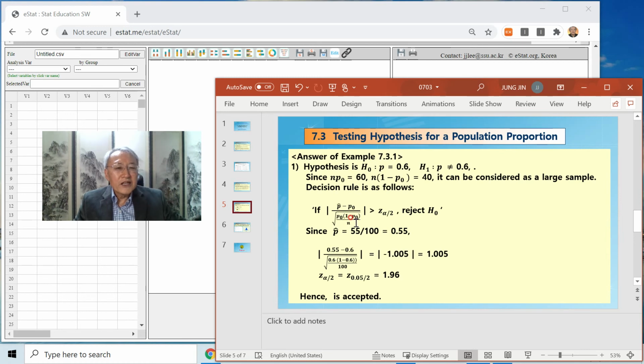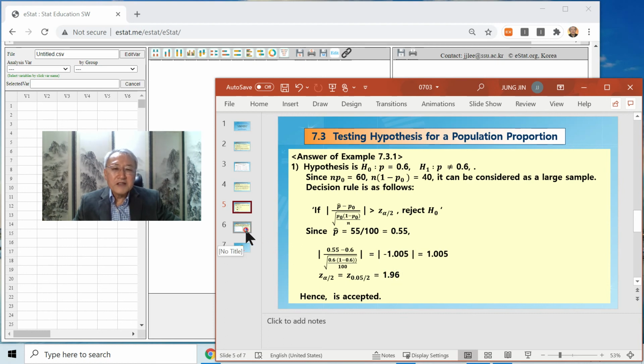In case of alpha 5%, if it is greater than 1.96 or less than minus 1.96, we'll reject. We check the calculation, it becomes 1.005. I think you would immediately notice that it is inside of 1.96. Therefore, H0 should be accepted.